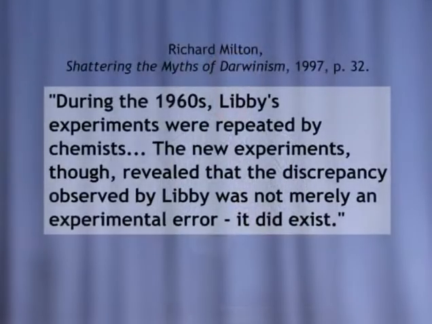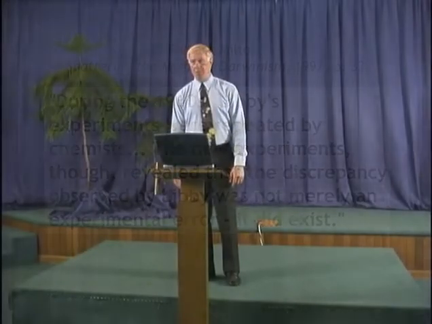Well, several years later, during the 1960s, Libby's experiments were repeated by other chemists. The new experiments, though, revealed that the discrepancy observed by Libby was not merely an experimental error, it did exist. So Libby, based on his evolutionary thinking, totally ignored the scientific evidence.